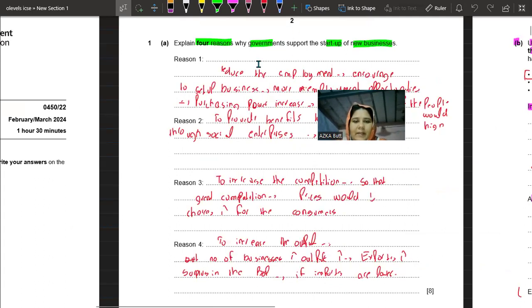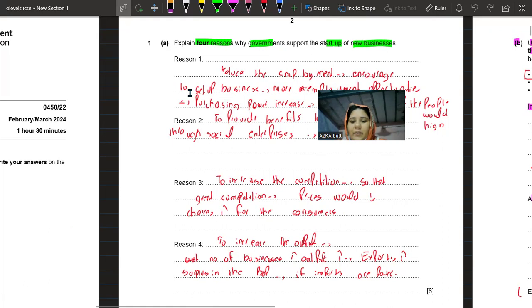In question number one, the examiner is asking us to explain four reasons why government supports the startups of new businesses. This means that we don't have to apply this question. There are no marks for application, because this is a general question, not linked with the case study, and you don't have to write your points in the context of the case study.